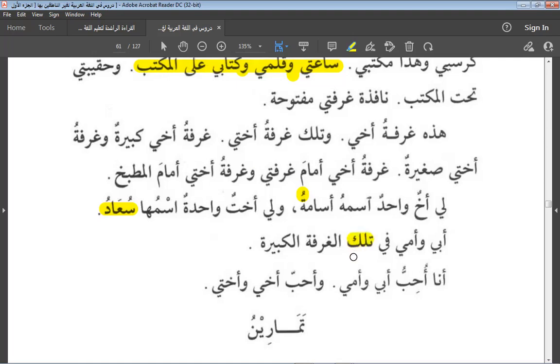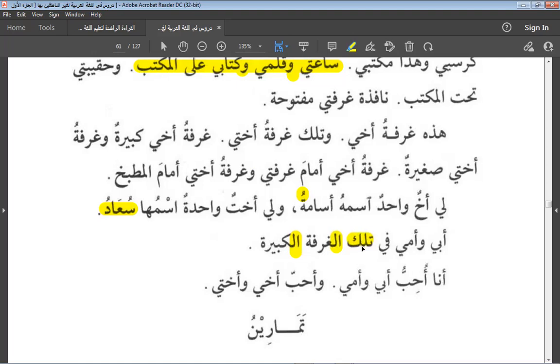We said that if you have them and a definite noun comes after them, it becomes that boy, like haza ar-rajulu, haza al-waladu: this man, this boy. But if it is haza rajulun, it becomes this is a man. Haza waladun, this is a boy.